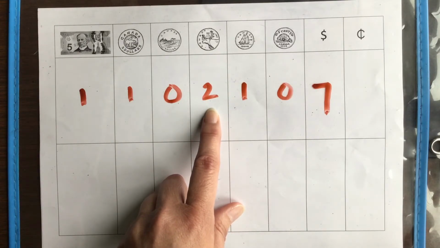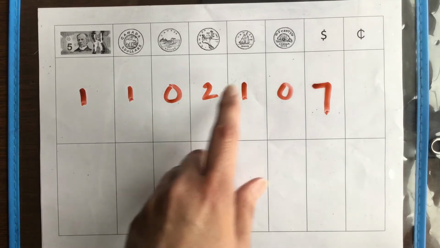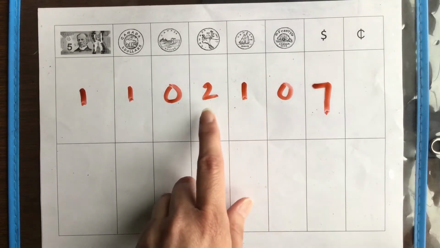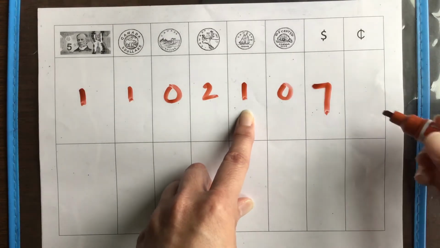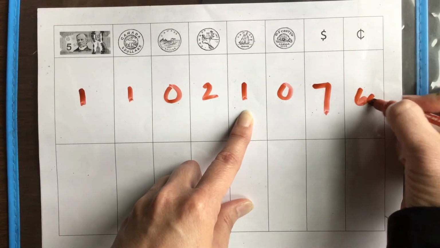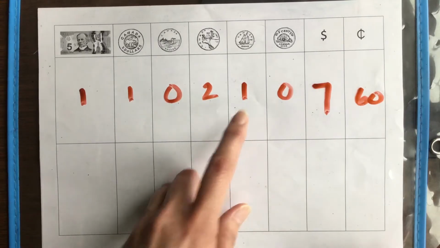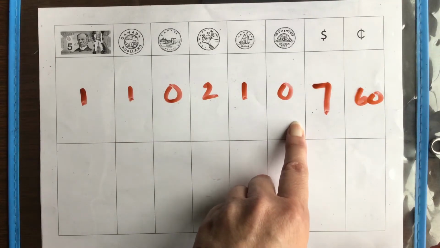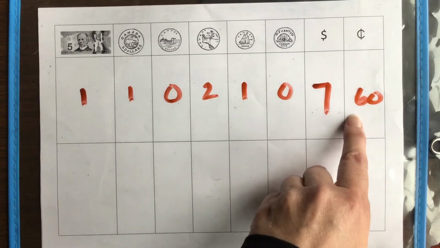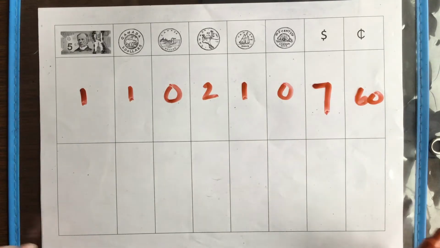Did you say 50 cents? Then you were correct. I have 1 dime. So what is 50 cents plus 10 cents? Did you say 60 cents? Then you're correct. So my total for this grouping of dollars and cents is $7.60. Let's try another one.